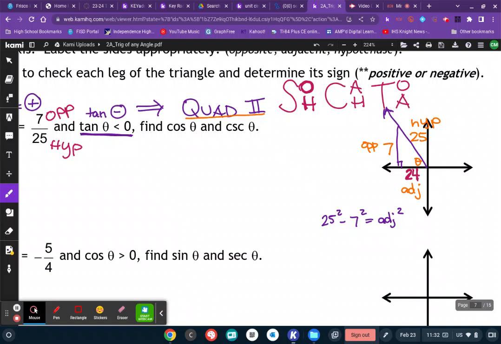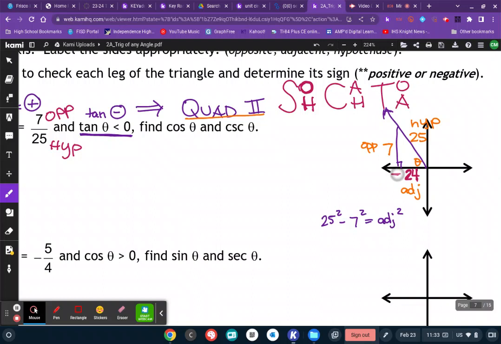Therefore, as I'm drawing this diagram, the 24 is moving in a negative direction because it's in quadrant 2, right? We already determined we're in that quadrant. Because it's going to the left, it's moving in a negative direction. So that means my 24 here is going to be negative.